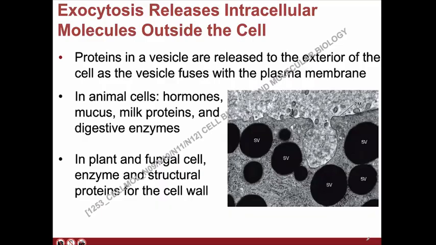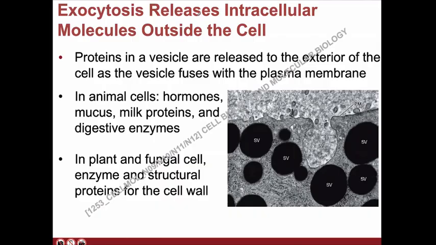Ultimately, the material in your vesicles destined for secretion must leave the cell. And this is what happens during exocytosis, where proteins or other materials in a vesicle are released to the exterior of the cell as the vesicle fuses with the plasma membrane. So animal cells secrete hormones, mucus, milk proteins, and digestive enzymes in this way.